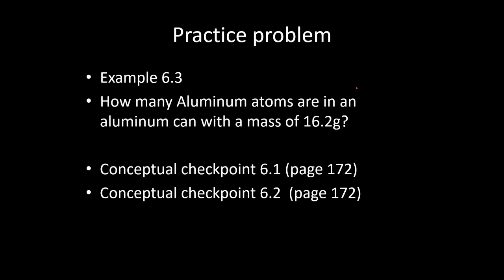So let's look at an example of this. This says, how many aluminum atoms are in an aluminum can with a mass of 16.2 grams? I think I have enough space here to work this out. So we're starting with 16.2 grams of aluminum.